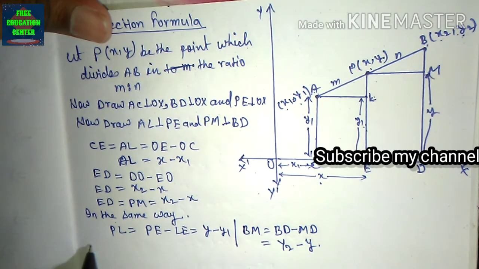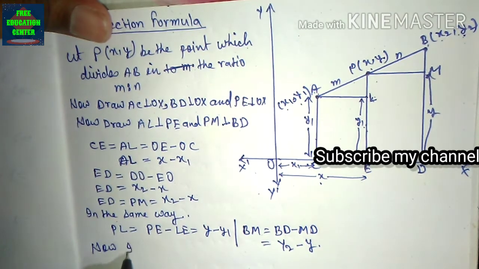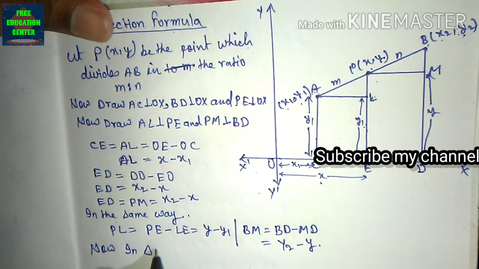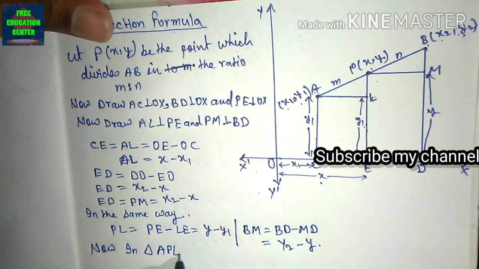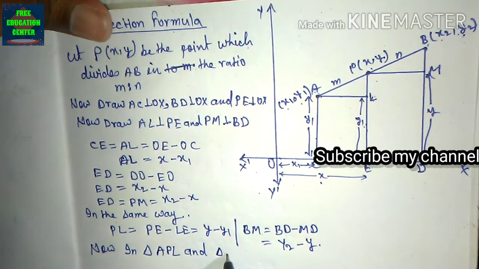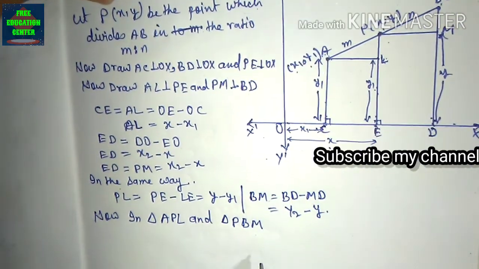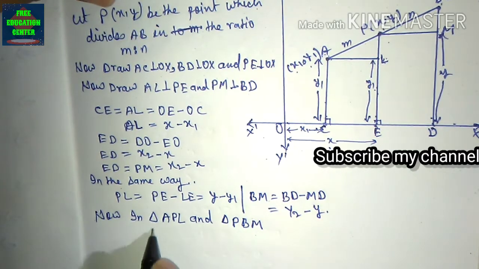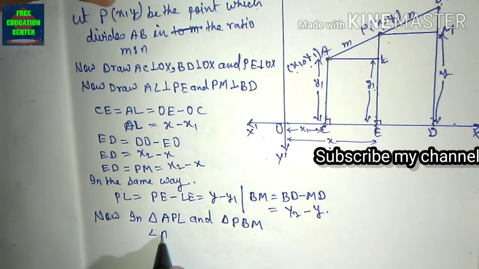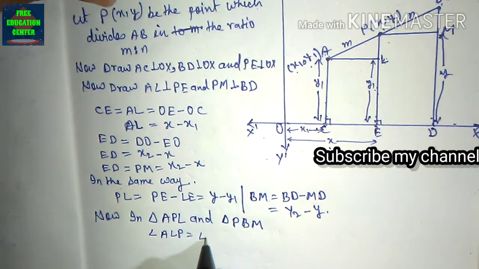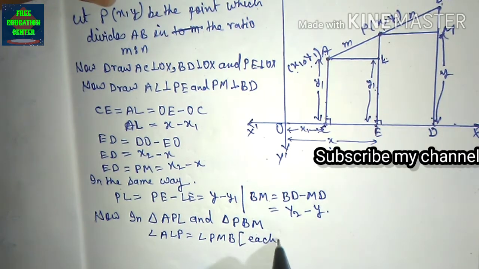Now in triangle APL and triangle PBM, angle ALP equals angle PMB, each 90 degrees.